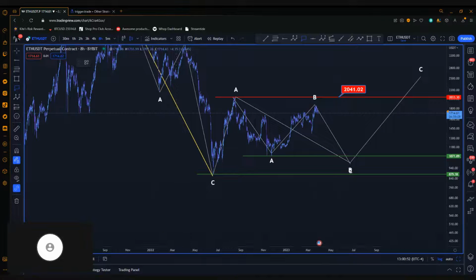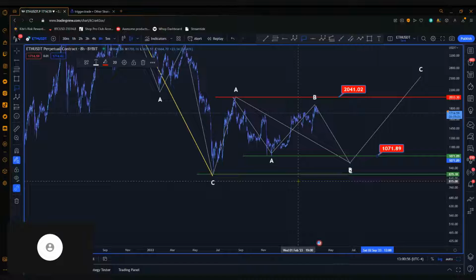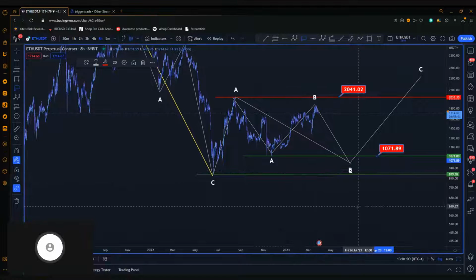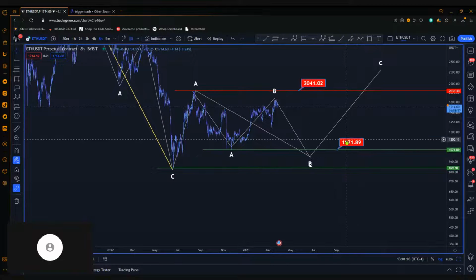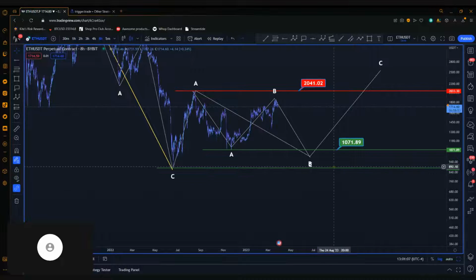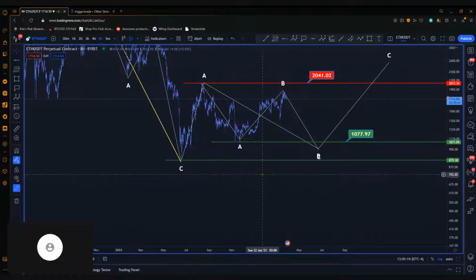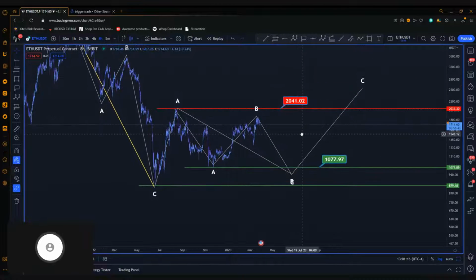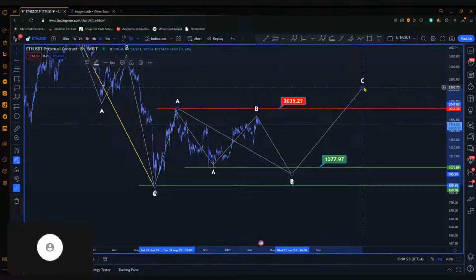It says 1071, but 1075, that's the previous low. And then from there, that's also another possibility, but it still ends up with us crossing above that 2032.